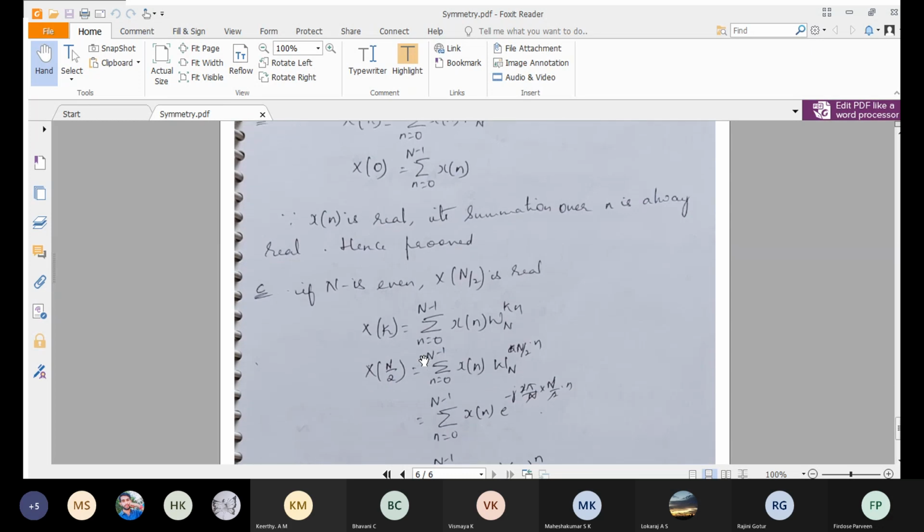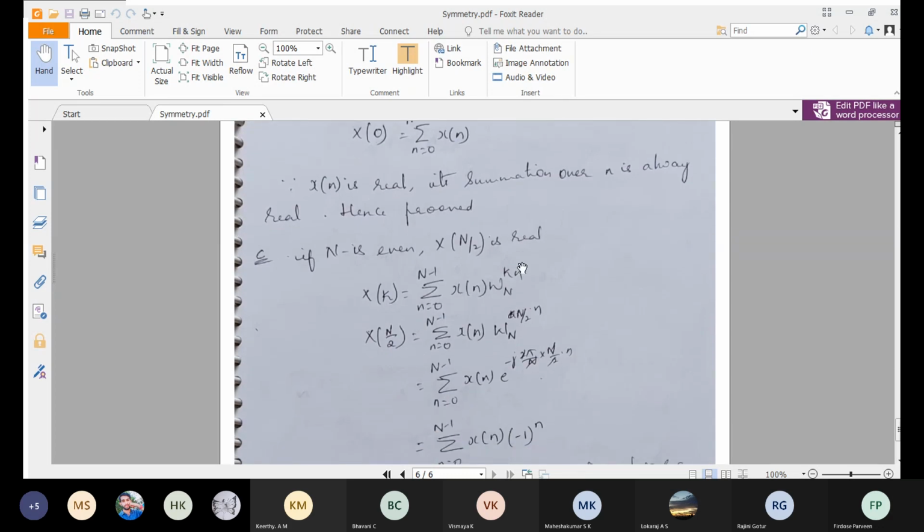Next, if N is even, prove that X of N by 2 is real. We know that X of k is the summation n equal to 0 to N minus 1 of x of n, W_N to the power of kn. So replace k with N by 2. That is the summation of x of n, W_N to the power of N by 2 into n. What is W_N? It is e to the power of minus j 2 pi by N. So e to the power of minus j 2 pi by N into N by 2 into n.